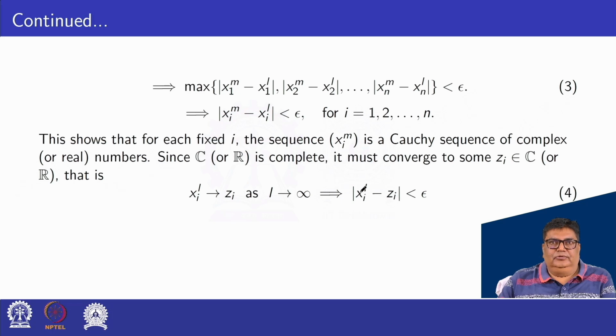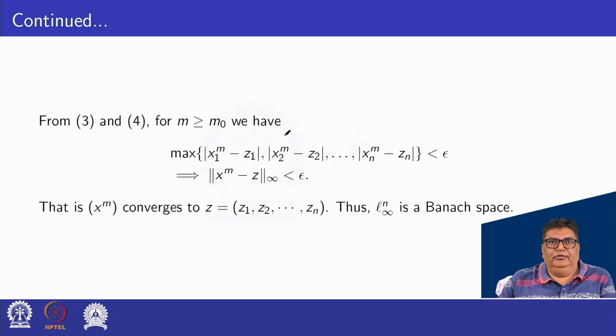So from 3 and 4 we have this, and as per the statement of the norm, this can be written as norm xm minus z, where z is the n-tuple of z1, z2 and so on zn.